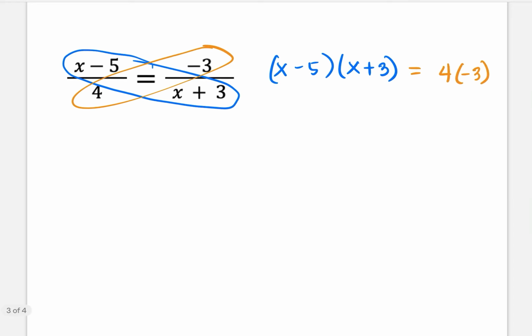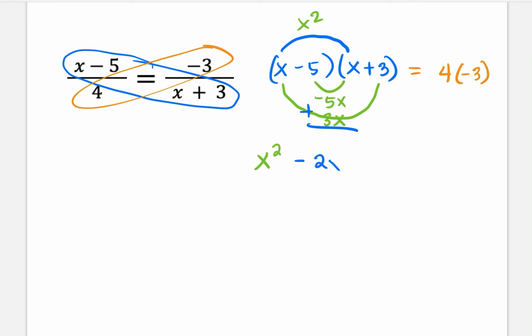Okay, so let's multiply. X times x would give me x squared, and then negative 5 times x is negative 5x. X times 3 is positive 3x. Adding these two together, it will always be addition because we're combining like terms. That will give us negative 2x. Multiply the last terms.